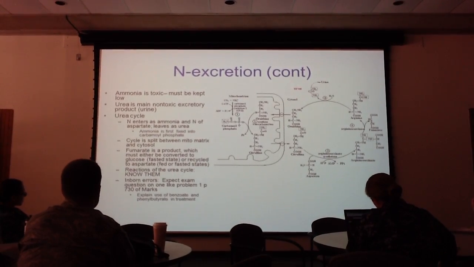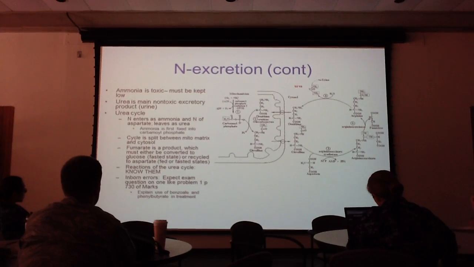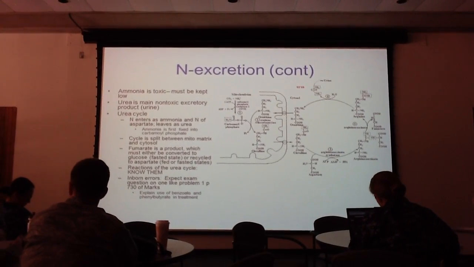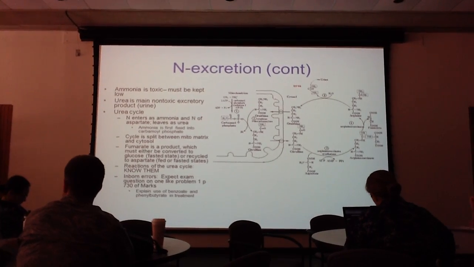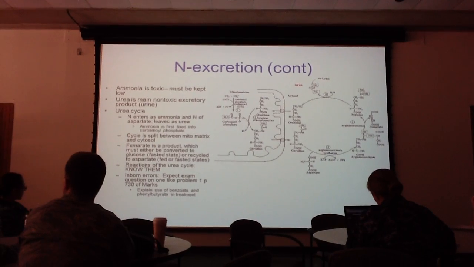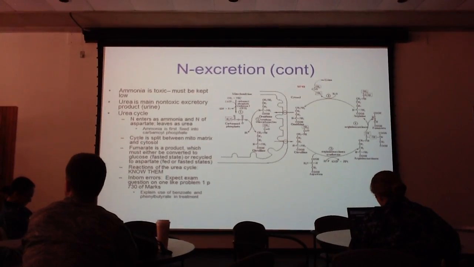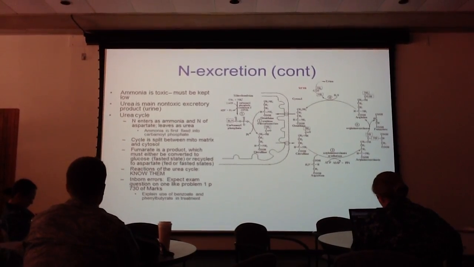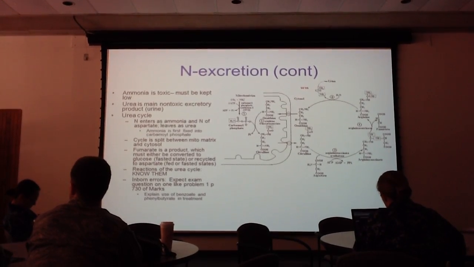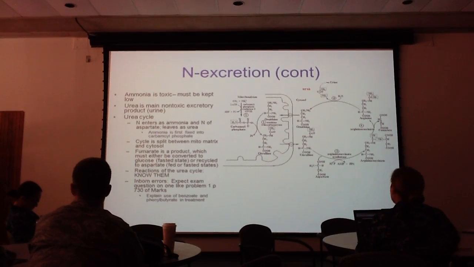I would know this urea cycle real well. This is a very popular, well-tested cycle. And there are so many disorders of the urea cycle. I think I told you during the lecture, you can expect a question where you're given an enzyme that's defective and you have to select the most likely pattern of metabolites that are too high or too low.